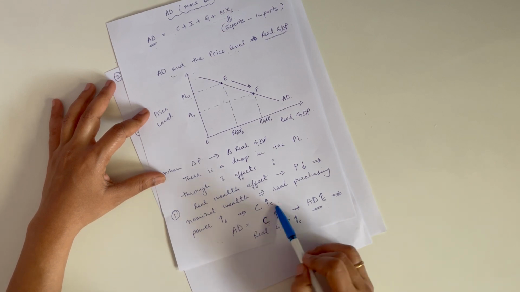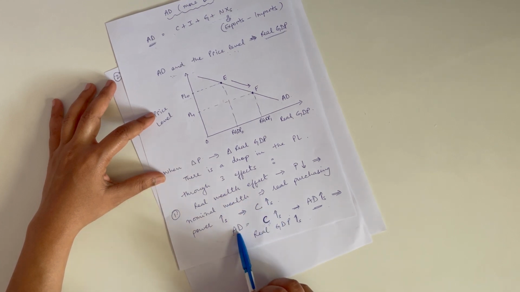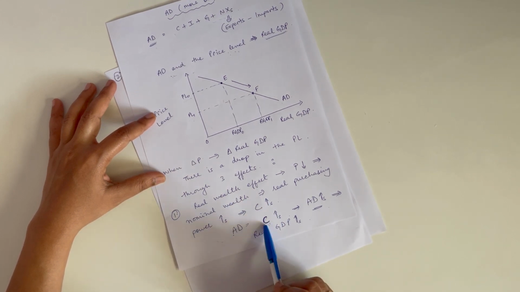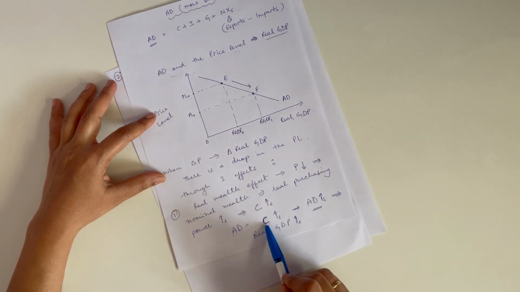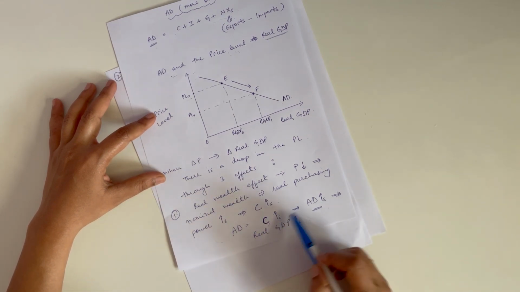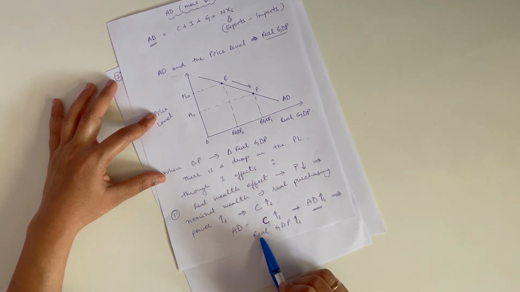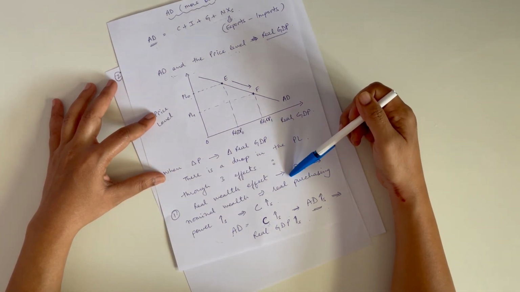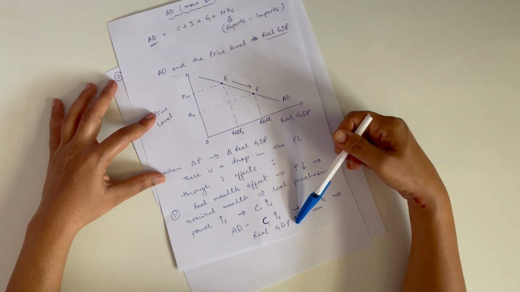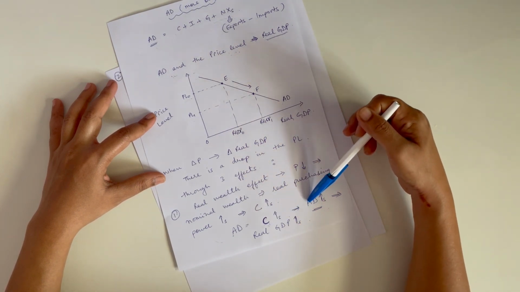So your consumption level increases. Now consumption being a part of your aggregate demand, when your consumption expenditure increases, then your aggregate demand increases, and so does your real GDP. Right? So this is how your change in the price level is related to real GDP through your aggregate demand components.